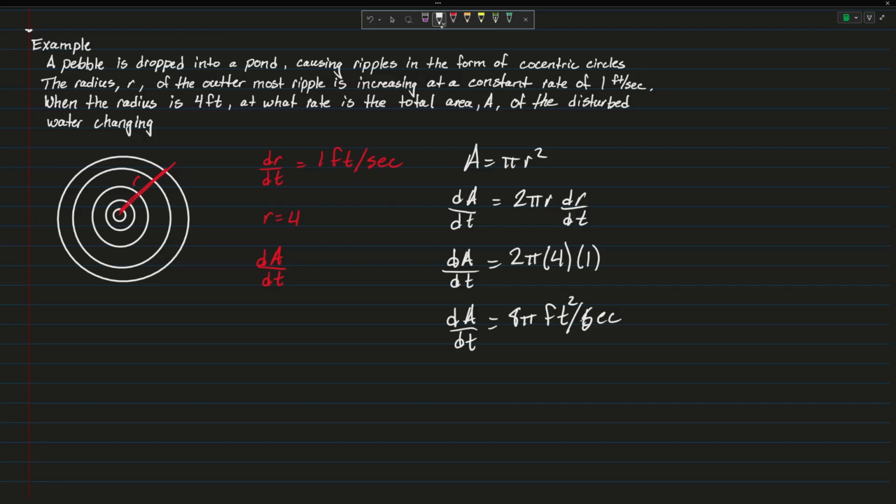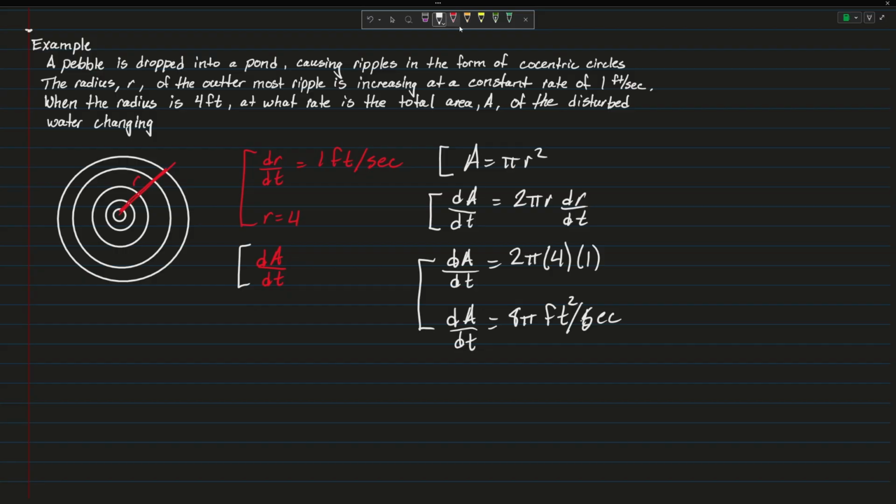Okay, I'm not as worried about the units again, but they're always helpful to have. Okay, so just reiterating what we're doing, we are labeling what we have, labeling what we need, making or finding an equation that has those things, implicitly deriving, and then plugging in and solving.